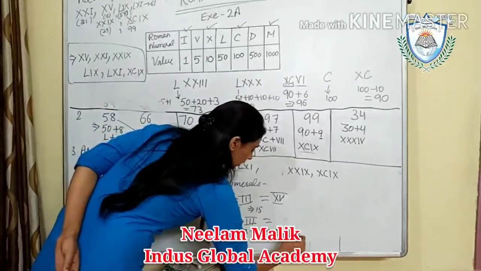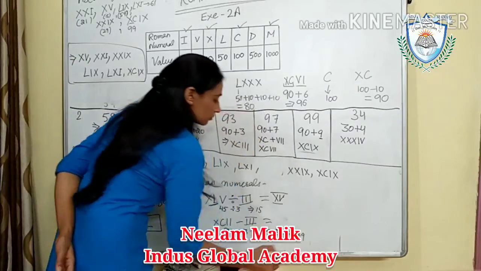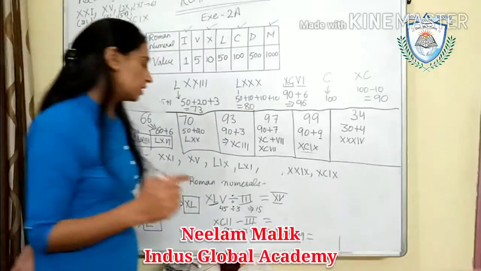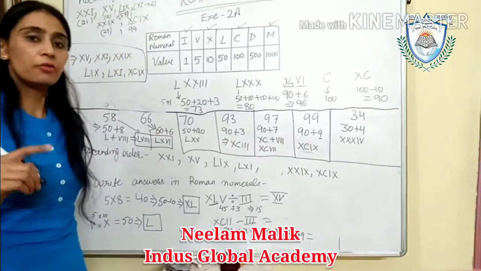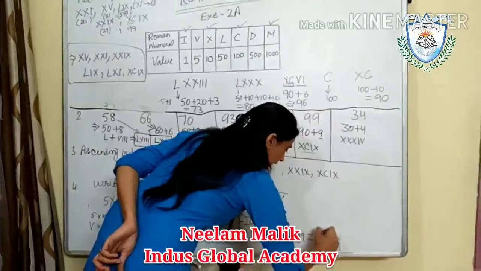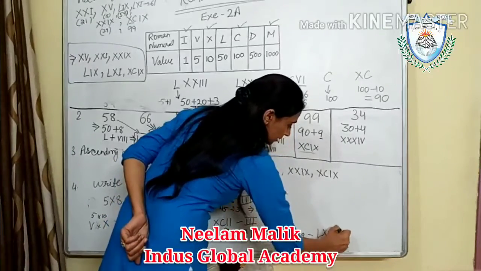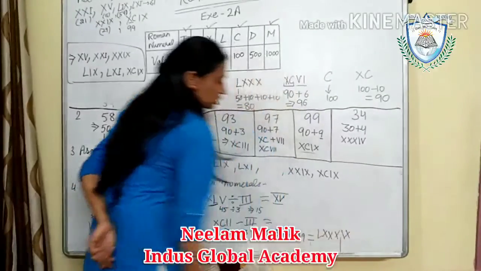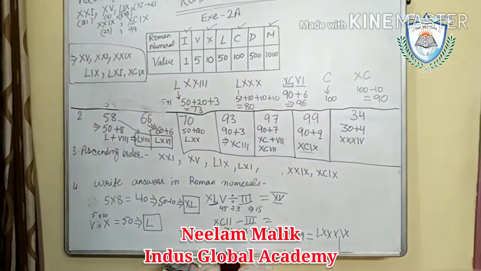First write 80 plus 9. 80 is L, 50 plus 10 plus 10 plus 10. That means 80 is LXXX, and what is your 9? IX. So this is the value for your 89.